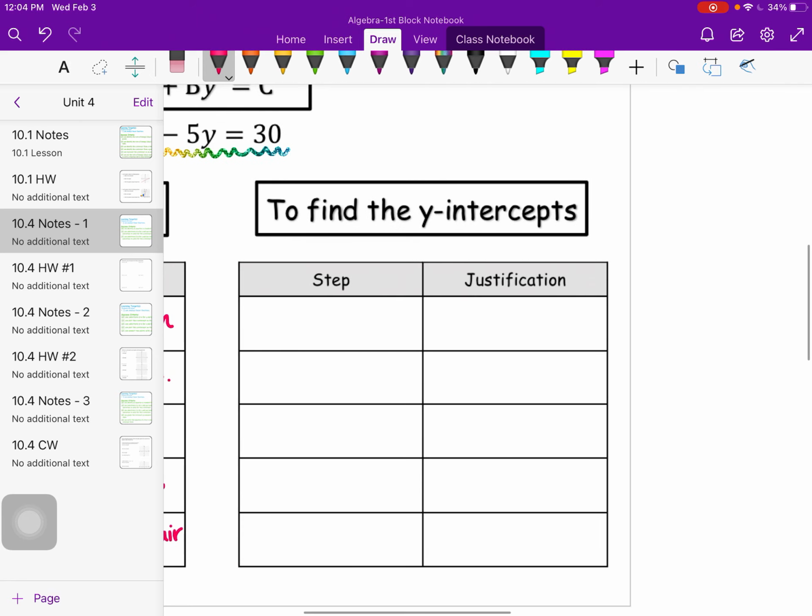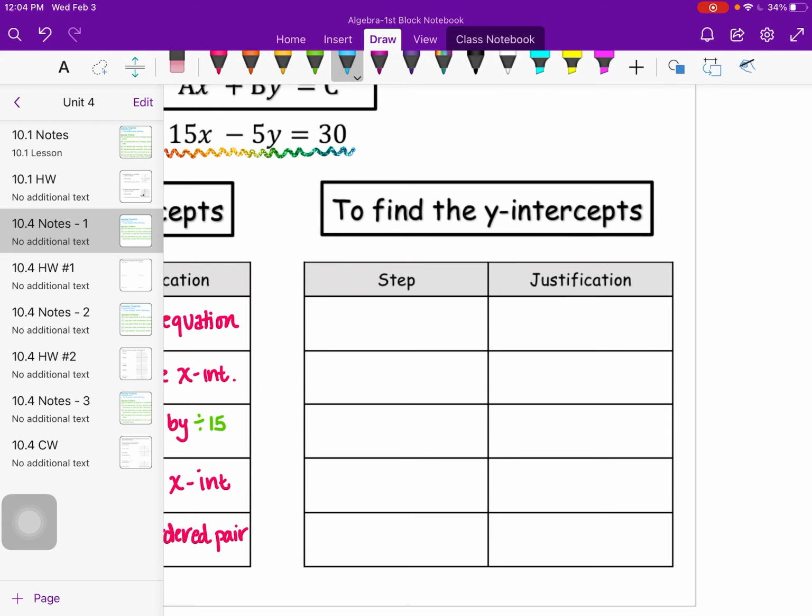All right, let's take a look at the y-intercept. We're going to start with the same thing, the original equation, 15x minus 5y equals 30. If we think about the y-intercept, that's a point on the y-axis. We don't go left or right at all, we're only going up or down.